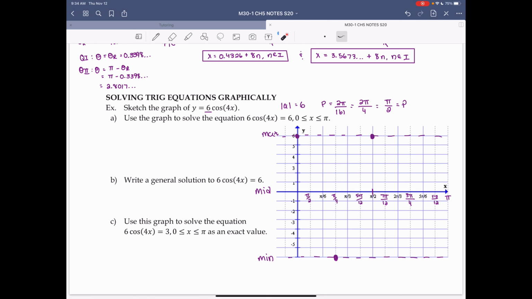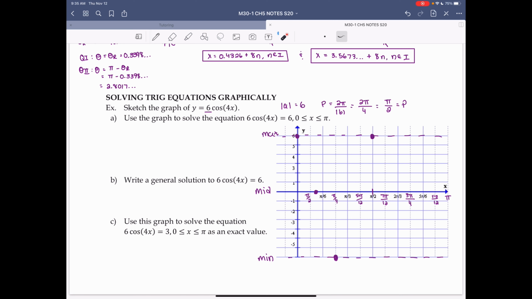So we have a maximum at 0 radians, and we have a minimum at pi over 4 radians. Halfway in between those, we're going to have a point on the midline, which is an x-intercept in this case. And same thing for the other max.